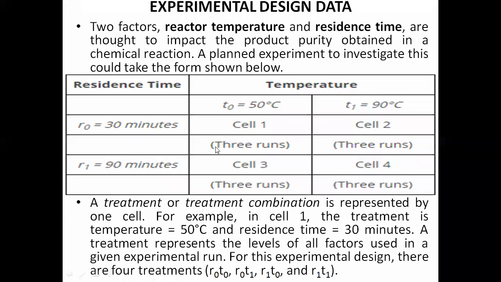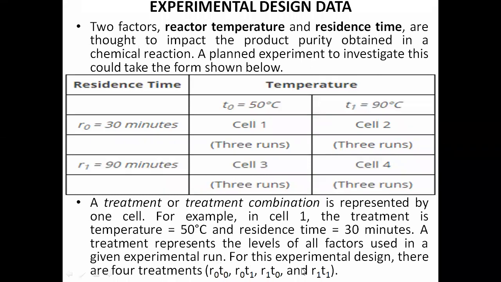And in these four conditions, we are trying to see the purity of the chemical, right? A treatment or treatment combination is represented by one cell. For example, in cell 1 here, the treatment is temperature 50 degrees centigrade and the residence time is 30 minutes. A treatment represents the label of all factors used in a given experimental run.